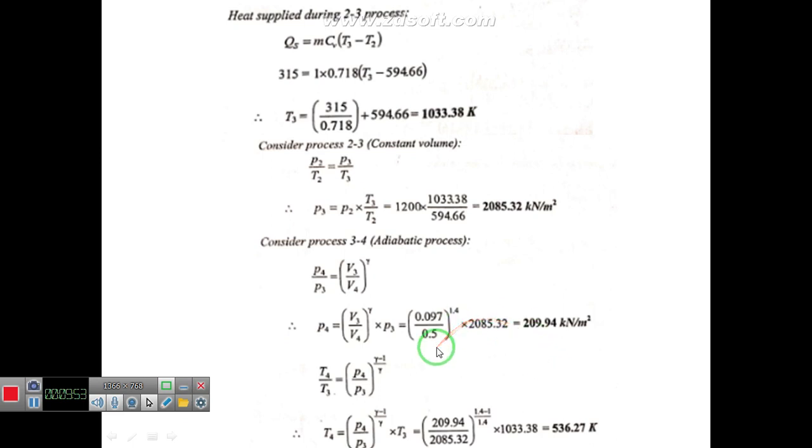Next we are finding the value at the same nodal point, that is the temperature T4. We take the relation between temperature and pressure: T4 divided by T3 equals (P4 divided by P3) power of (gamma minus 1) divided by gamma. Modified, T4 equals (P4 divided by P3) power of (gamma minus 1) divided by gamma, into T3.